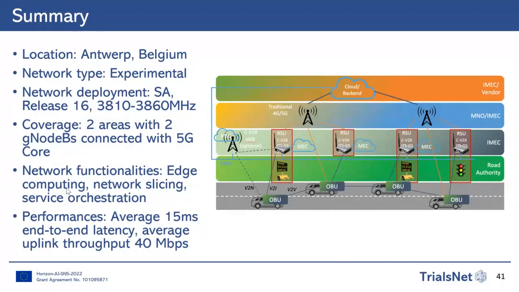The license is for Release 16 in the 3.81 to 3.86 gigahertz frequency band. The deployment is 5G standalone, and both testbeds are based on open source software solutions, built on OpenAirInterface and 5GS core.